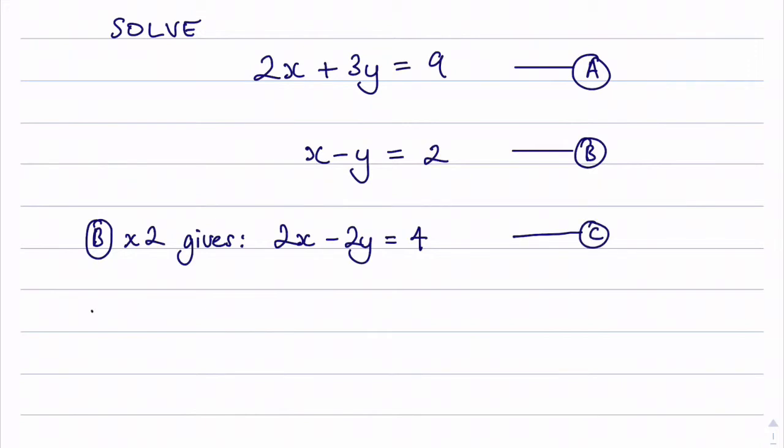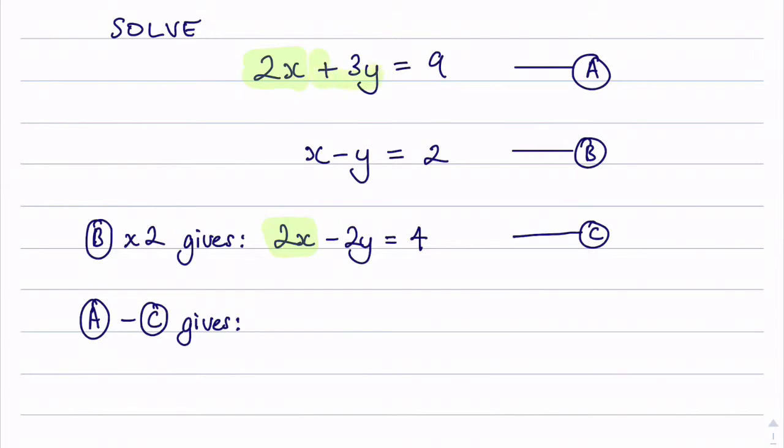What I can now do is take equation A, subtract equation C, and that would give the following. Well, we've got this 2x term here, and we're subtracting 2x. So in other words, we've eliminated the x term, which is what we wanted.